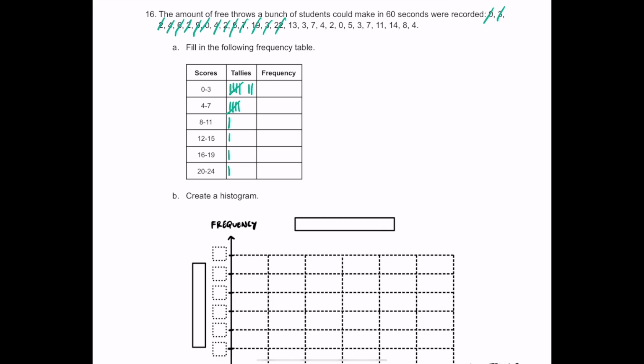Impressive. 13, 3, 7, 4, 2, 0, 5, 3, 7, 11, 14, 8, and 4.